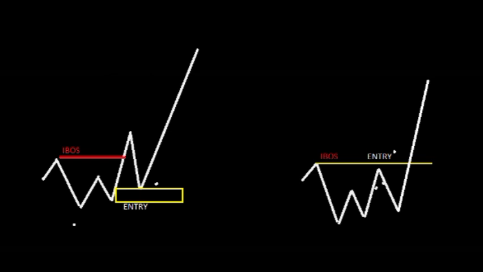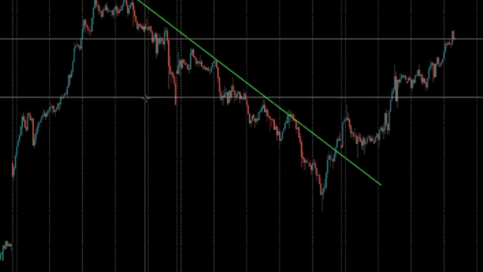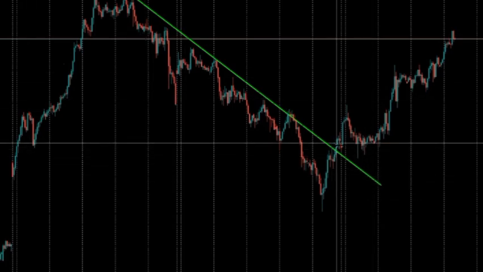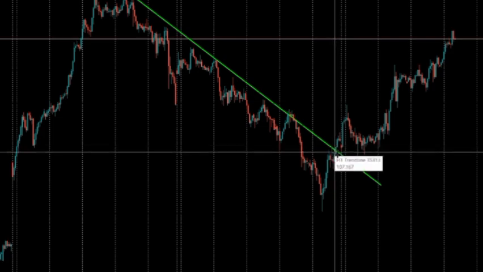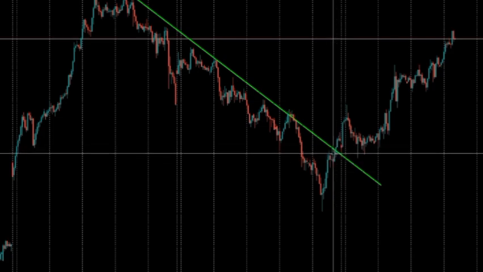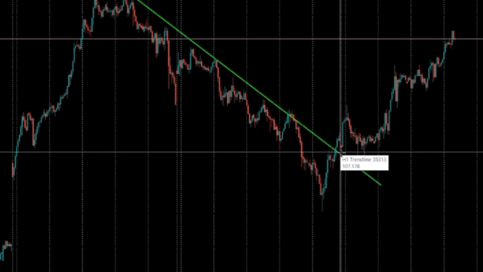So you can see from the chart here, price has broken the trend line. And if you mark your fib in this trading range, you can see your trading range.